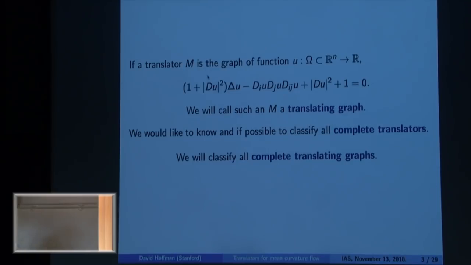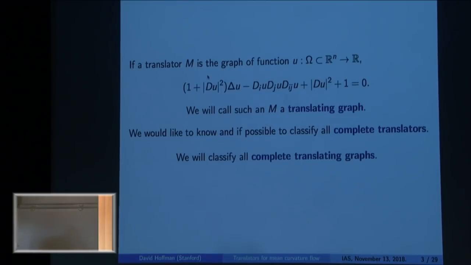Okay. So if you have a translator that's a graph of a function u from some domain in R^n, then this is the equation that it satisfies. It looks like the minimal surface equation with a gradient term stuck at the end. And we'll call such a surface a translating graph, and sometimes even refer to the graph by the name of the function.